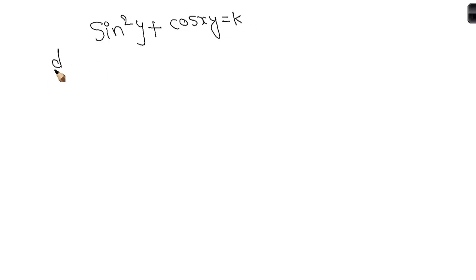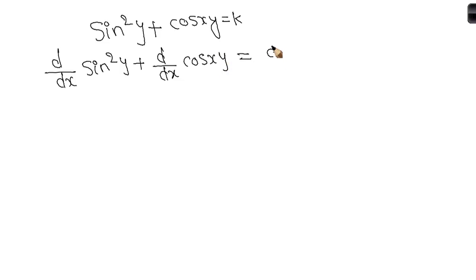Again, differentiating both sides with respect to x: derivative of sin square y with respect to x plus derivative of cos xy with respect to x plus derivative of constant with respect to x.